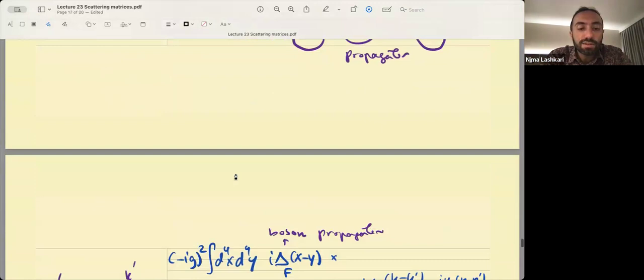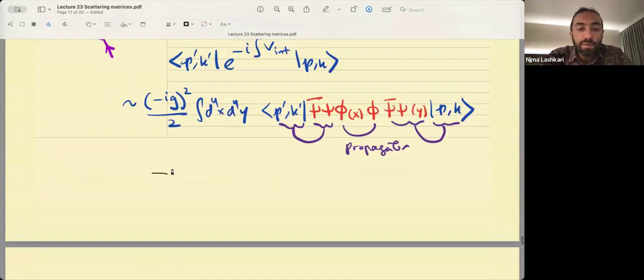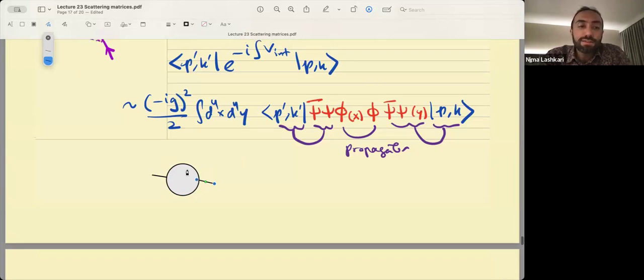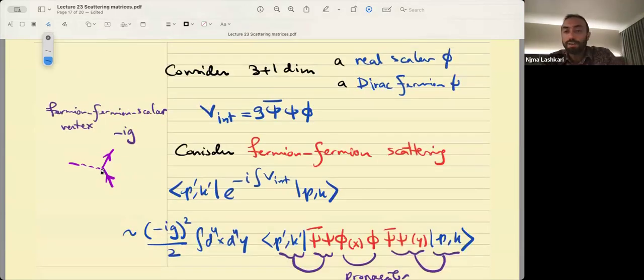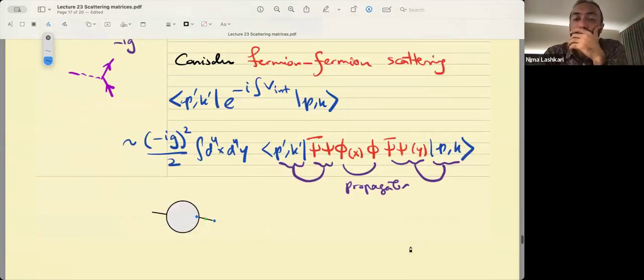Whatever. So when we had these pictures, what we were doing was that this was where the interaction was inserted, and we're integrating over this everywhere in space-time. This is that vertex you're putting, and you have to integrate over every space-time, but these three guys are all inserted at that point, and these three guys are inserted at that point. That's where the vertex is.